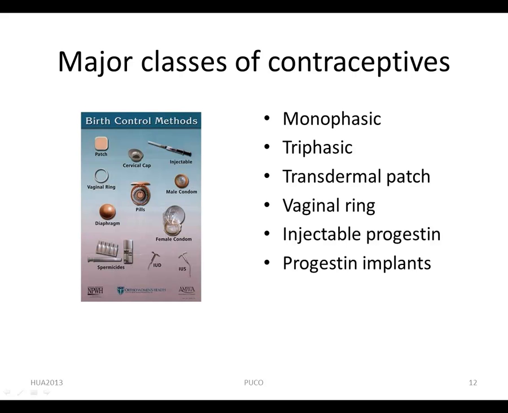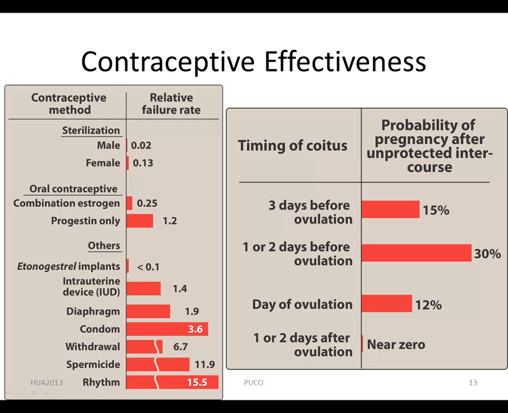With either type of combination oral contraceptive, active pills are taken for 21 days followed by 7 days of placebo. Withdrawal bleeding occurs during the hormone-free interval. They are available in transdermal patch, vaginal ring, progestin implants, progestin intrauterine device.